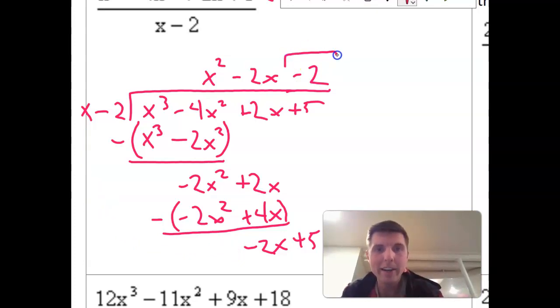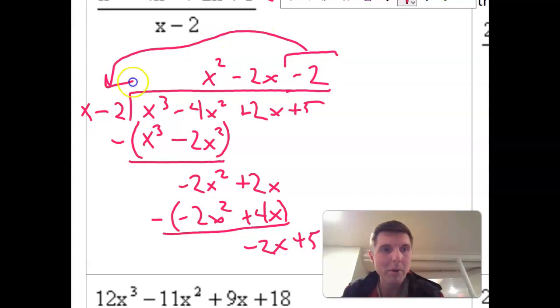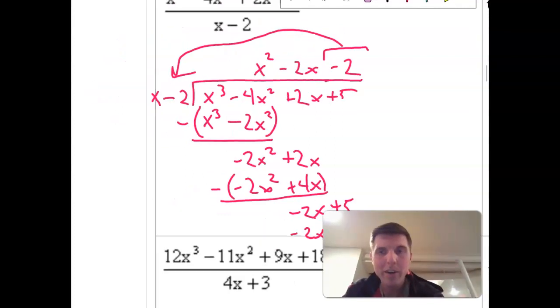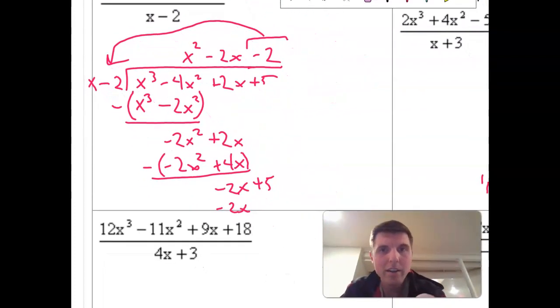And then we say, okay, negative 2 times both of those things gives me negative 2 times x is negative 2x. Negative 2 times negative 2 is, and I'm struggling to move my OneNote here, is positive 4.